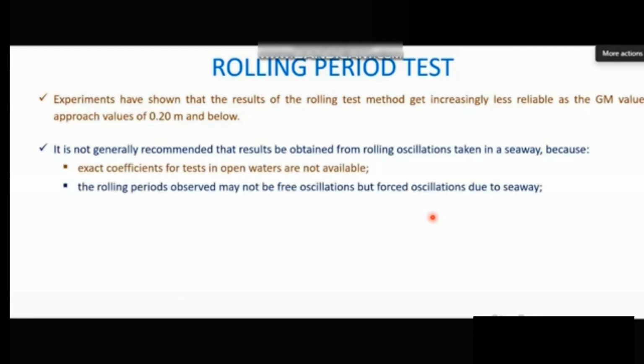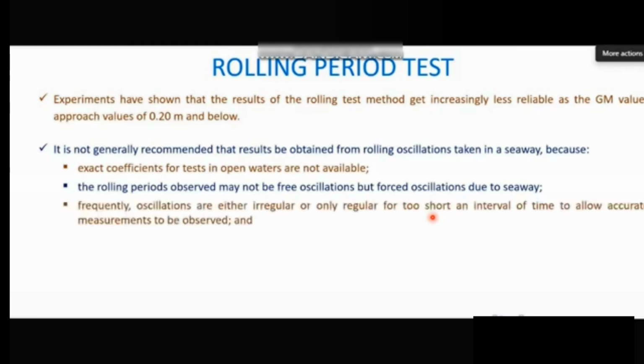Rolling period observed may not be free oscillations, but forced oscillations due to seaway. Frequently, oscillations are either irregular or only regular for too short an interval of time to allow accurate measurement to be observed. Specialized recording equipment is necessary.